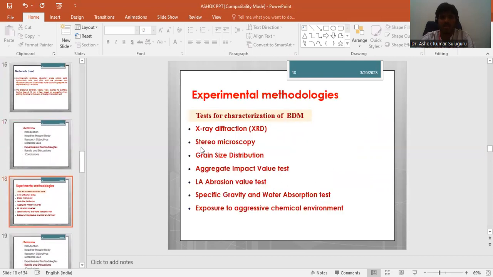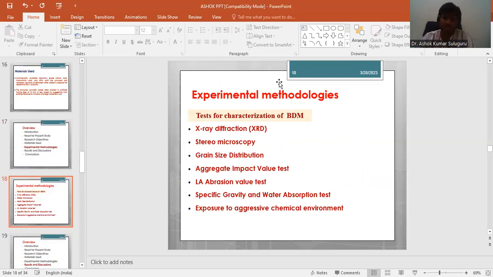You can see the experimental methodology, where we have listed some experiments. First is XRD, X-ray diffraction, then stereo microscopy, grain size distribution, aggregate impact value test, Los Angeles abrasion test, specific gravity and water absorption test, and exposure to aggressive chemical environment.